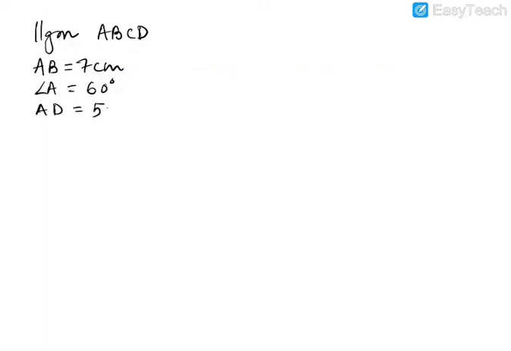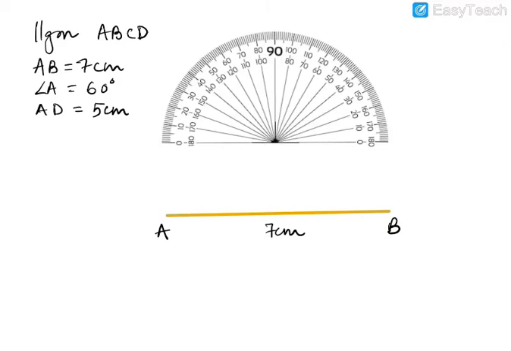To construct a parallelogram ABCD of given measures, draw a line segment measuring 7 centimeters. Label this line as AB. Then, using a protractor, at point A, construct an angle of 60 degrees.